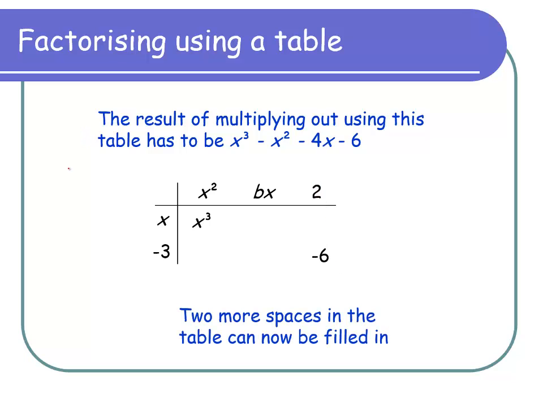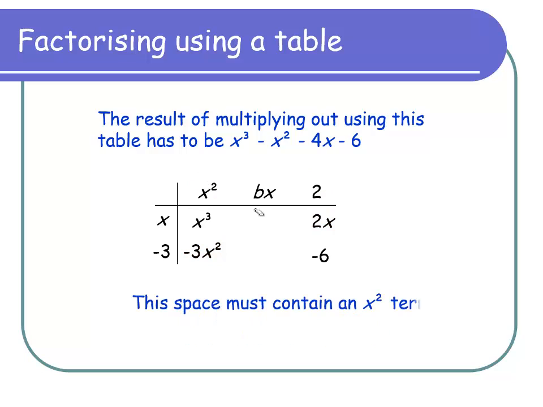Now there's two more spaces in the table that can be filled in, and that's the negative 3 times x squared, which gives negative 3x squared, and the 2 times x, which gives 2x. And so now we want to fill in this space here.